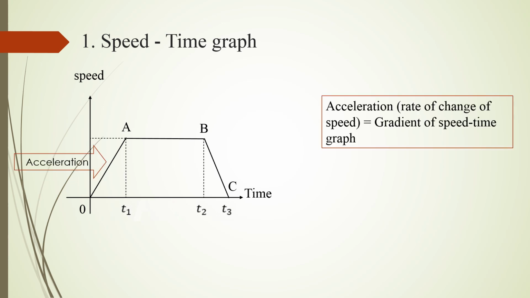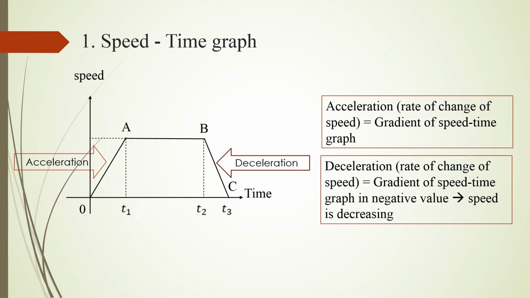The gradient of a speed-time graph represents the acceleration of the object. Positive gradient indicates the object is accelerating. Negative gradient indicates the object is decelerating, meaning speed is decreasing.